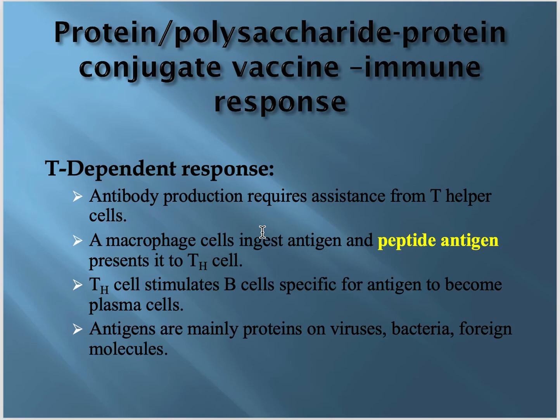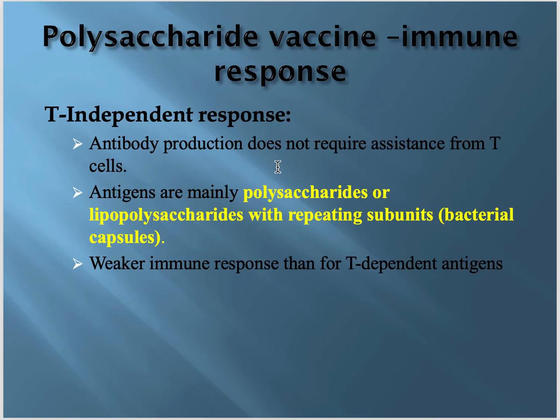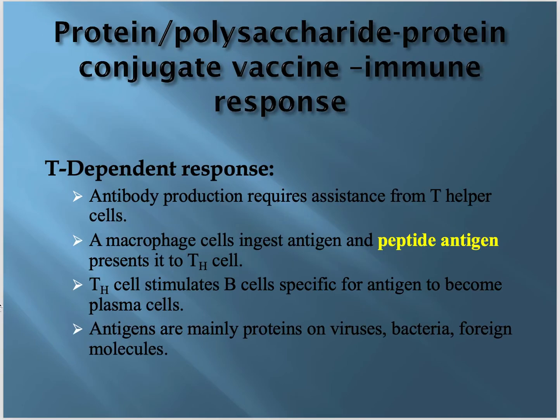So we can convert the T independent response given by a polysaccharide vaccine into a T dependent response by conjugating the polysaccharide with protein.